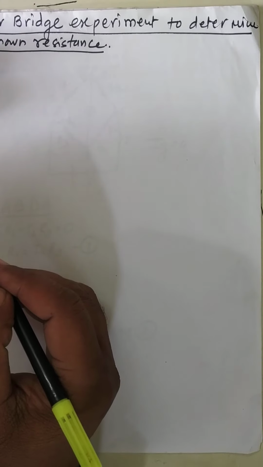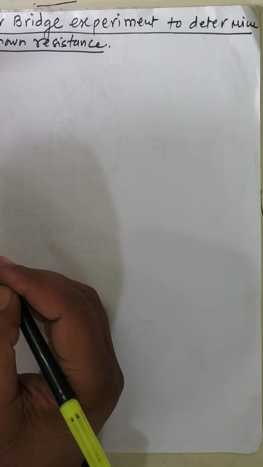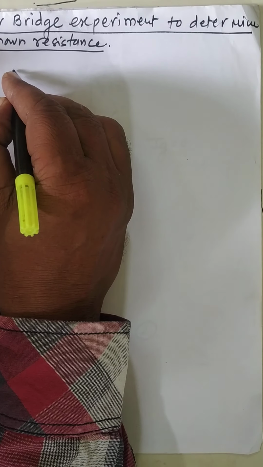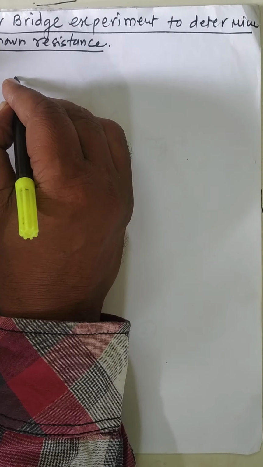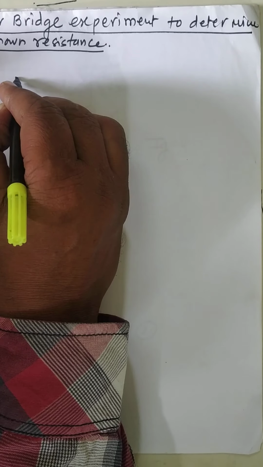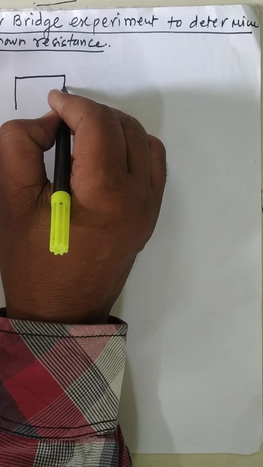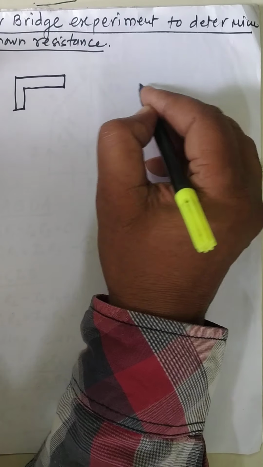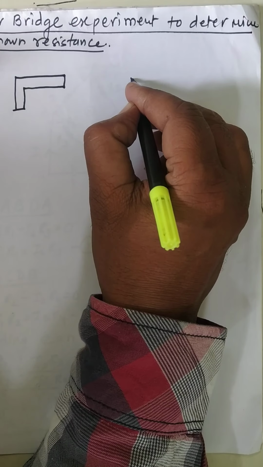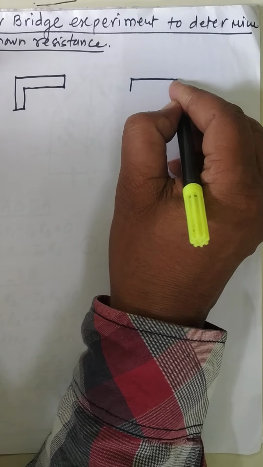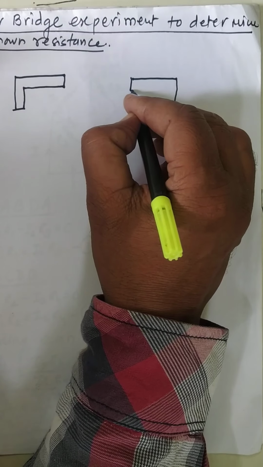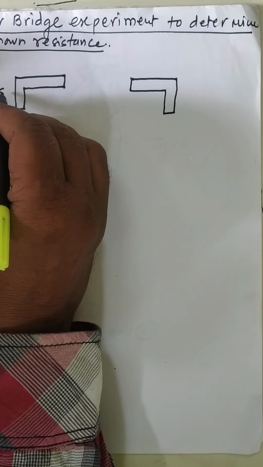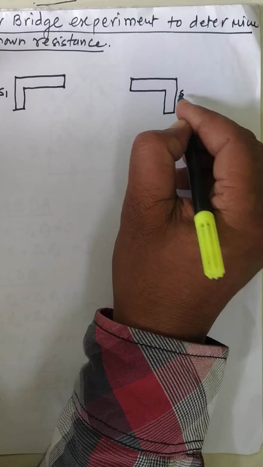Now see here, Wheatstone's meter bridge means what? Wheatstone's meter bridge consists of 1 meter long uniform wire between the two copper strips S1 and S2.